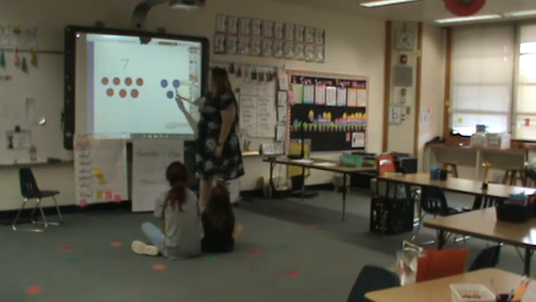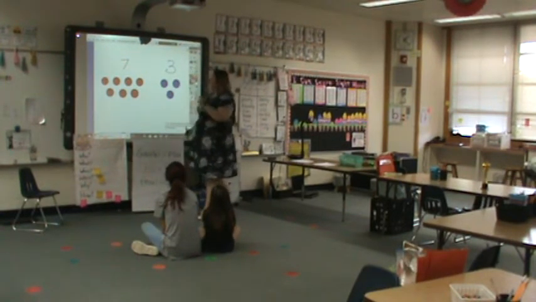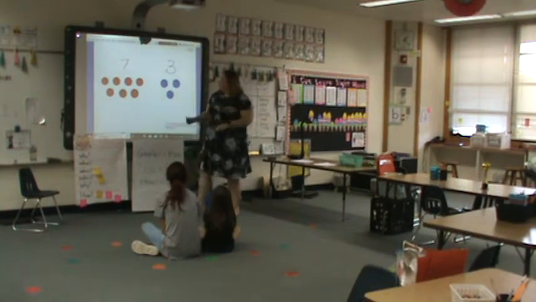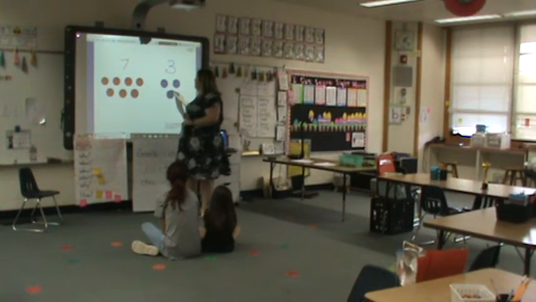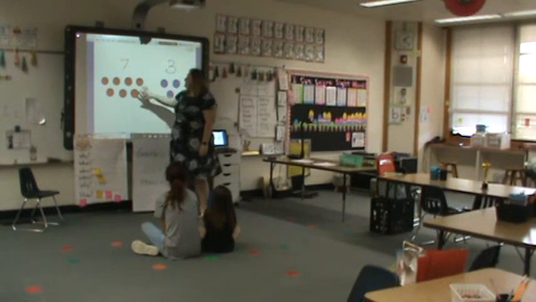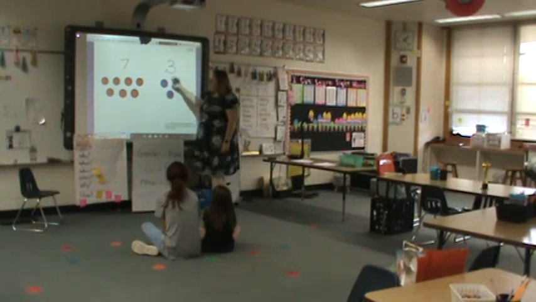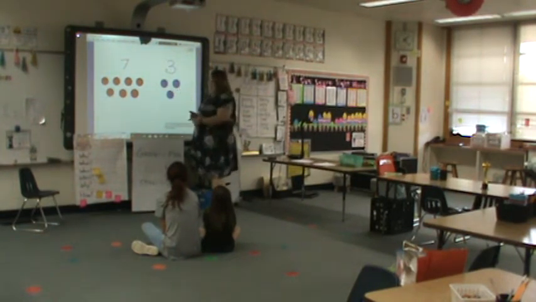And we have 1, 2, 3 blue groups. Remember, we're just listening right now. There are 7 red, 3 blue. 7 is greater because there's more. Blue, 3 is less because there are fewer.